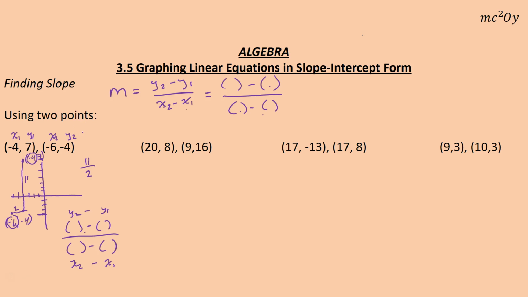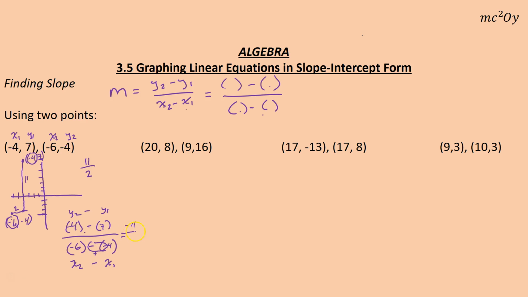So you could have called this x2, y2 and this x1, y1. It wouldn't have mattered. But looking at this, I'm going to say, okay, I have -4 and 7. And then I have -6 and -4. All right. So now -4 minus 7 is -11. And -6 minus -4, well, 2 negatives make a positive there.